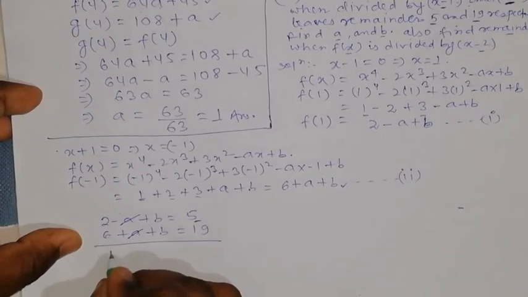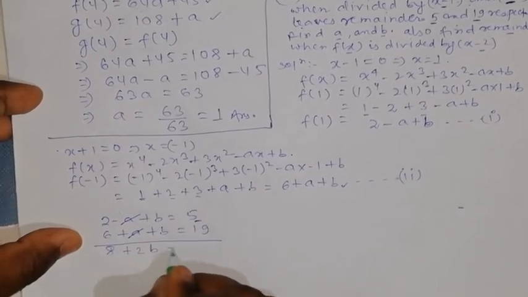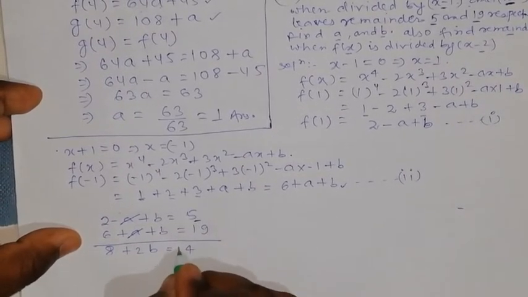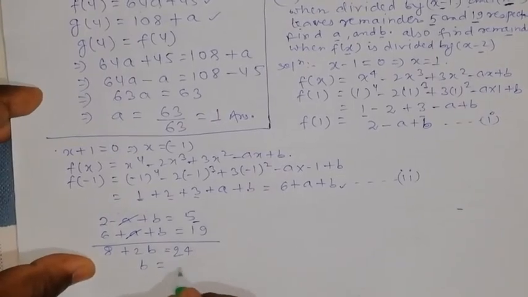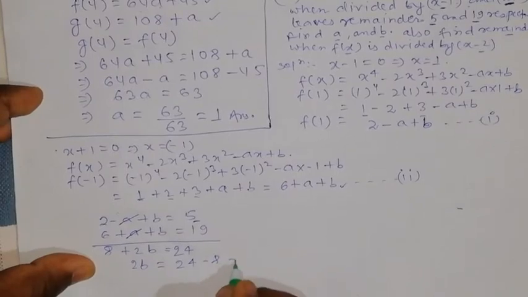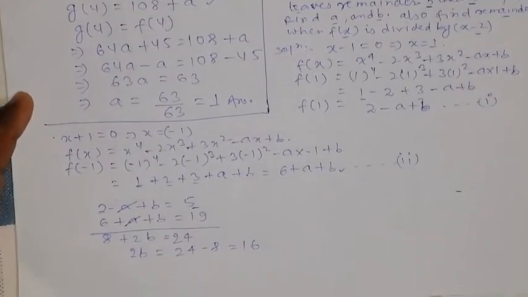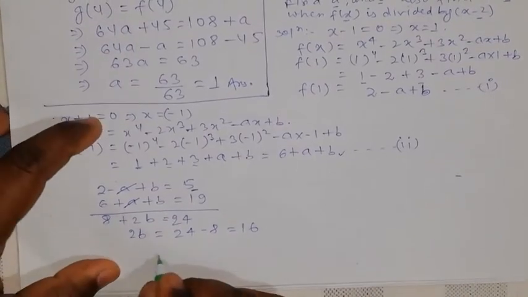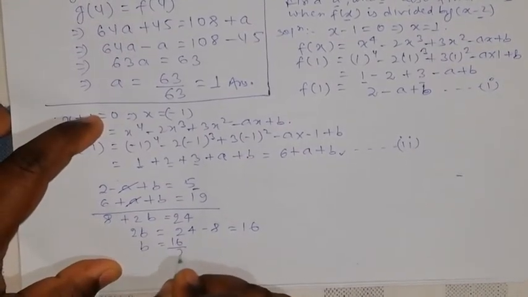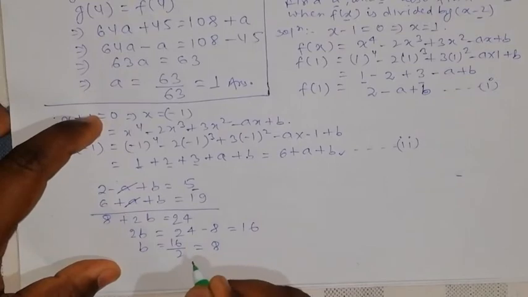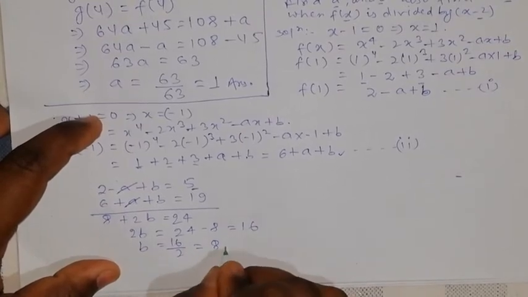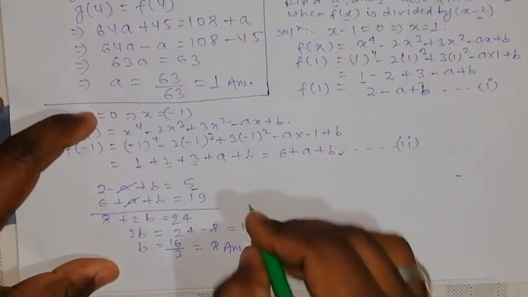This will be 6 + 2 = 8, plus 2b is equal to 24. So 2b = 24 - 8, that is 16, and b = 16 by 2, that is 8. Therefore b is 8. This is the answer.